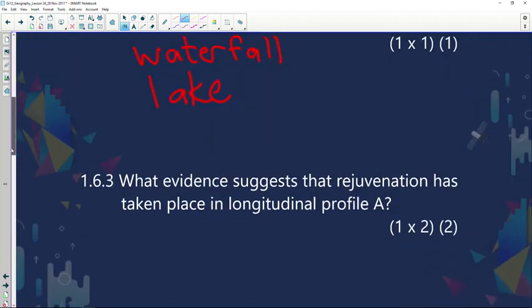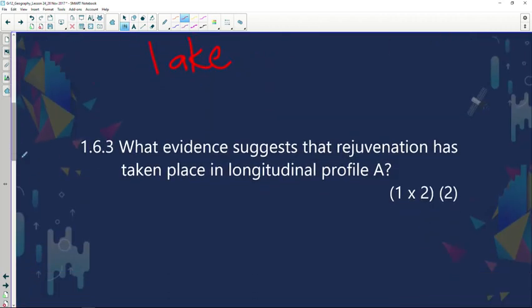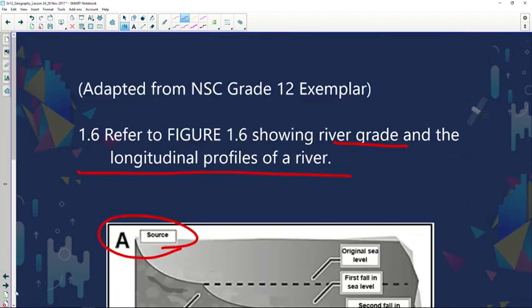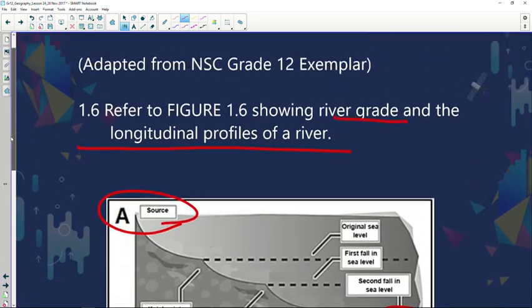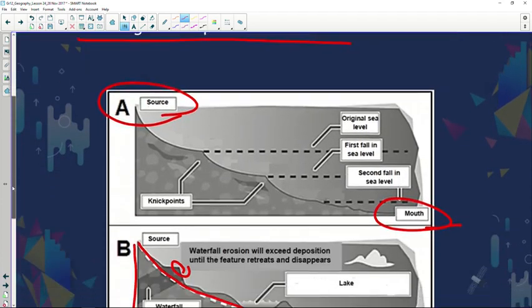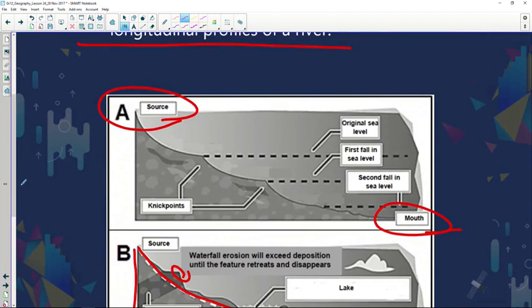Okay, what evidence suggests that rejuvenation has taken place in longitudinal profile A? Now, rejuvenation means a river gains more energy. The reason for rejuvenation taking place over there is that you can see there was a drop in the original sea level, and there's presence of nick points.